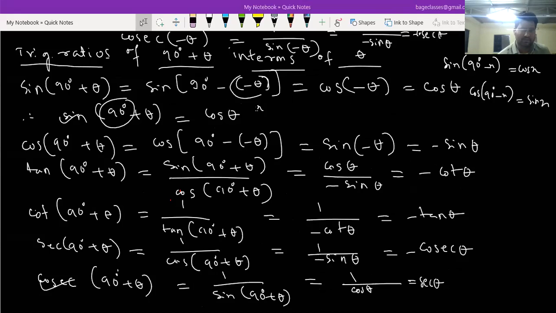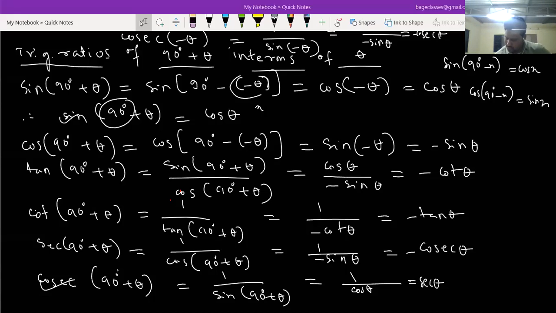So then these are 90 plus theta ratios. The 90 minus theta we also studied the same. In 90 minus theta also the ratios will change. Sine becomes cos, cos becomes sine, tan becomes cot, cot becomes tan, sec becomes cosec, cosec becomes sec.